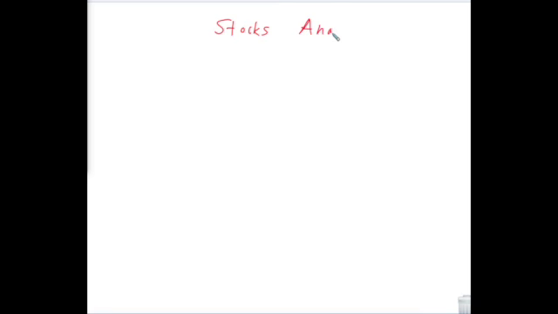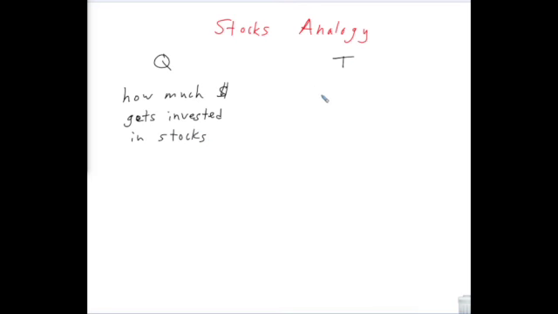Stocks analogy. So Q is like how much money you put in, gets invested in stocks. And T, the temperature, is like how many stocks you have.